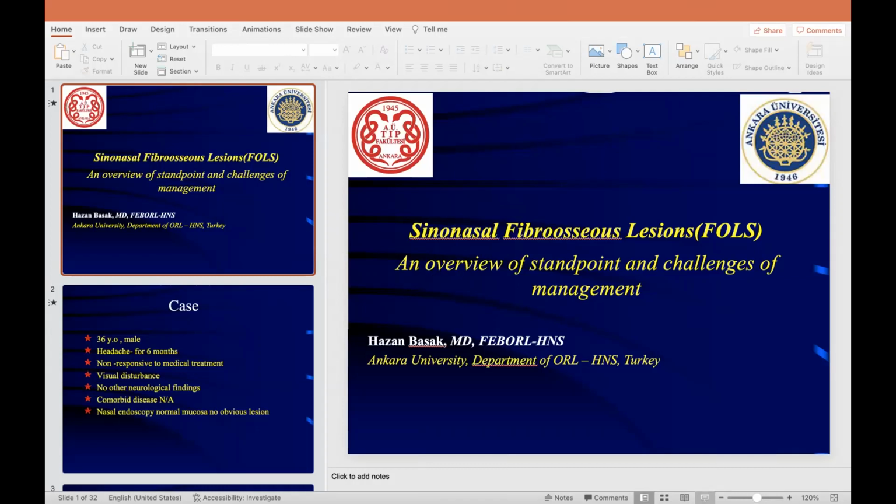So we remove the orbital part also, take it out. And then we just put some mucosa on that area, because there is a defect of the periorbita. You don't need to do that, but we just don't want it to stay open. That was the only reason.